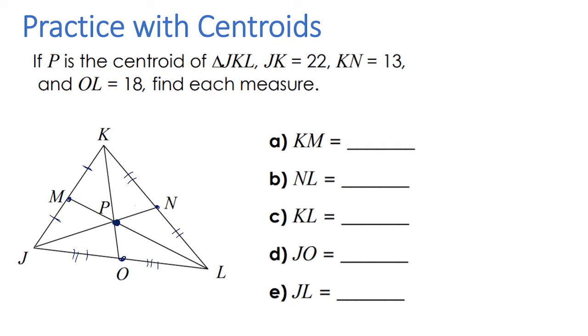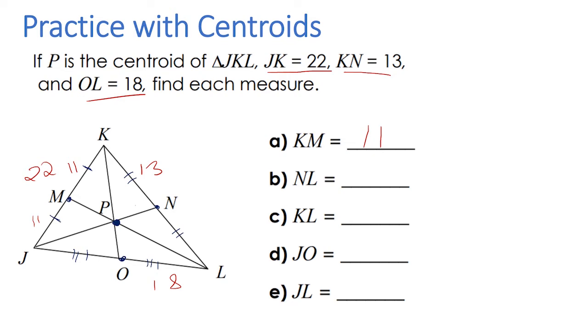It says JK is 22, so let's label that on the triangle here. KN is 13, and OL is 18. We want to find KM first. If JK is 22, that will make JM as well as KM each 11 because they're congruent. So KM would be 11. What about NL?